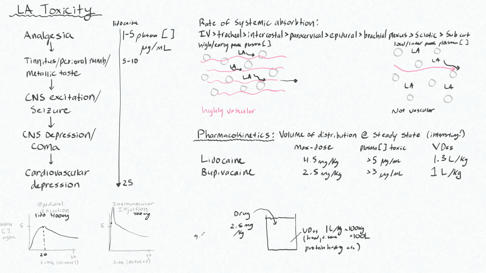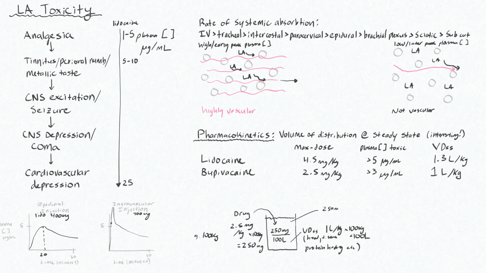And again, this guy is 100 kilograms. So multiply by 100 kilograms gives us a 250 milligram dose that we'll give to this person. So it'll look like we have 250 milligrams in 100 liters.